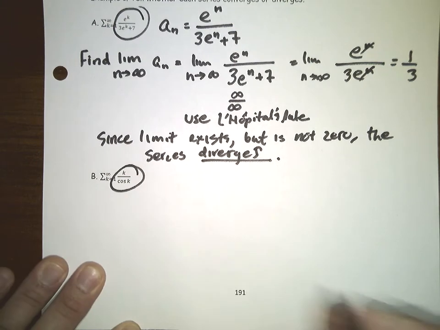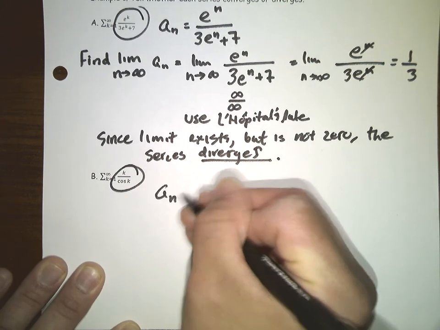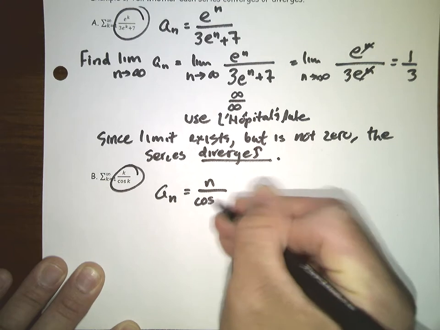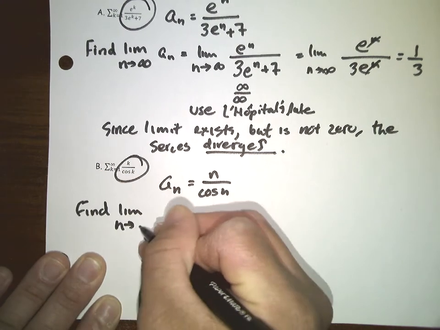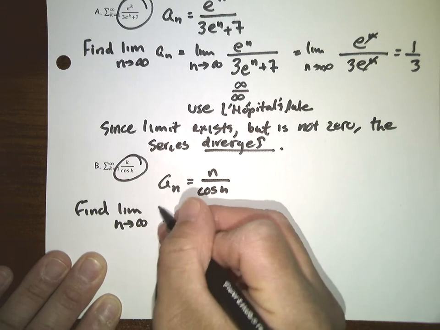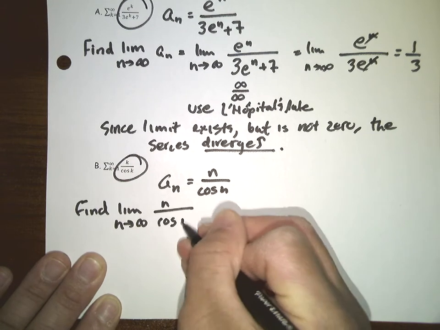So here is a_k, so a_n is n over cosine of n. So we're going to find the limit as n approaches infinity of n over cosine of n.